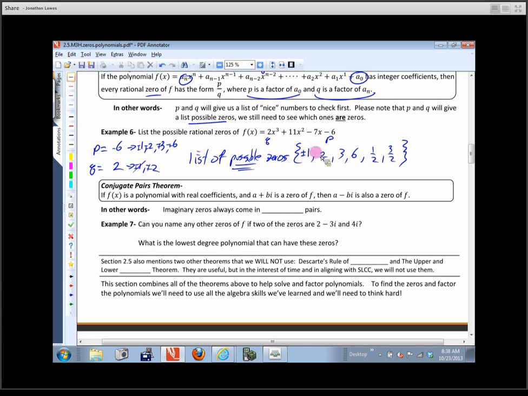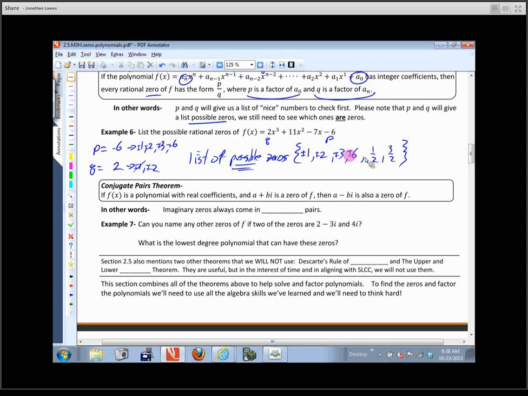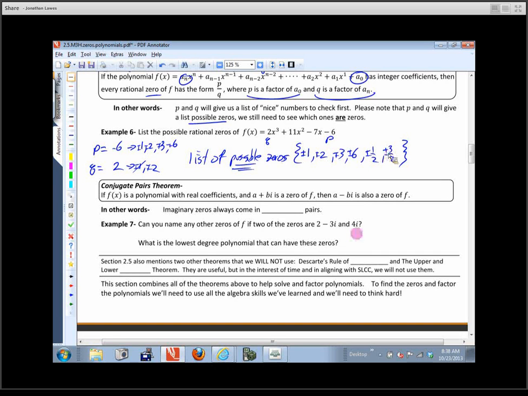At the end, I come through here and I write a plus or minus in front of every one of these. Okay? These are the possible rational zeros. If there are any nice numbers that are zeros of this polynomial, they have to be on this list. Have to be on that list.